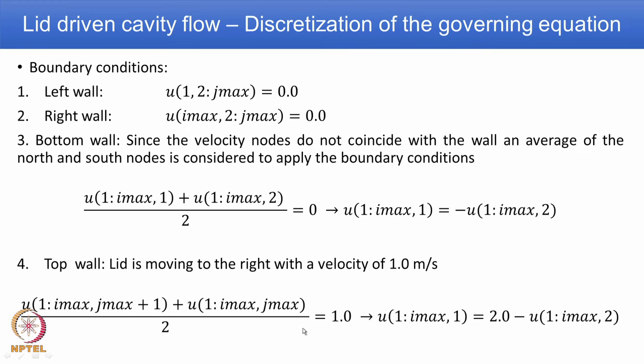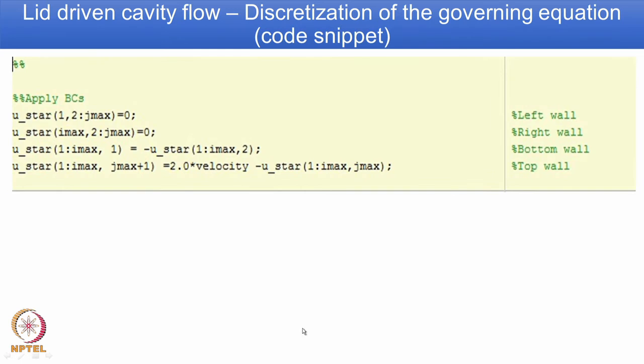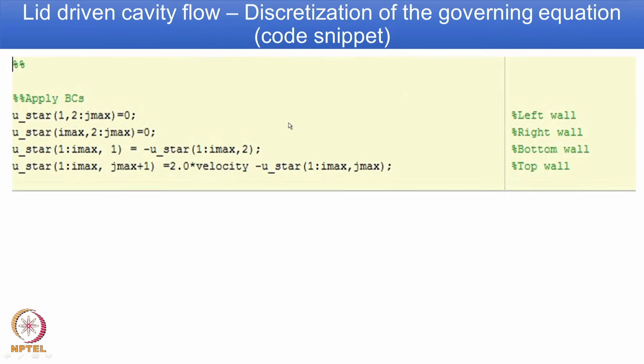Now, in terms of code, we see u star, because we first solve the u momentum equation without the pressure term included. Such velocities are given the superscript u star, v star, because they are all predicted velocities. Once they are corrected, they will be set to the actual velocity. So, this is done immediately after solving the u momentum equation without considering the pressure term.